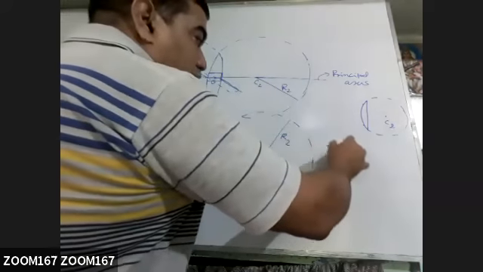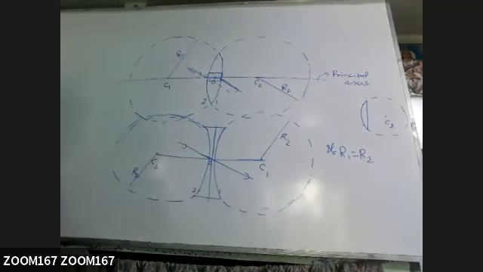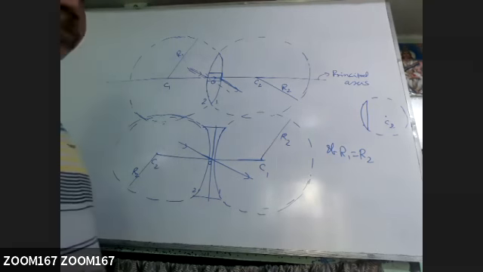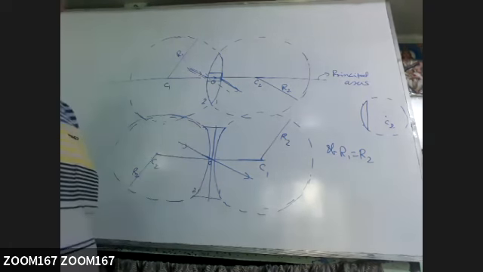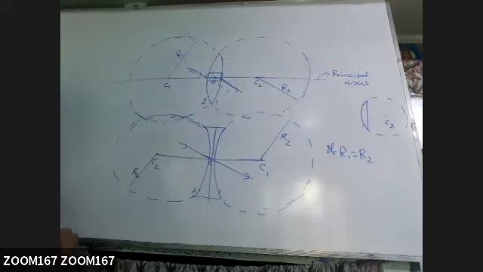If this R1 is equal to R2, that is, if the radii of curvature of the two surfaces are same, then we say the lens is equiconvex.